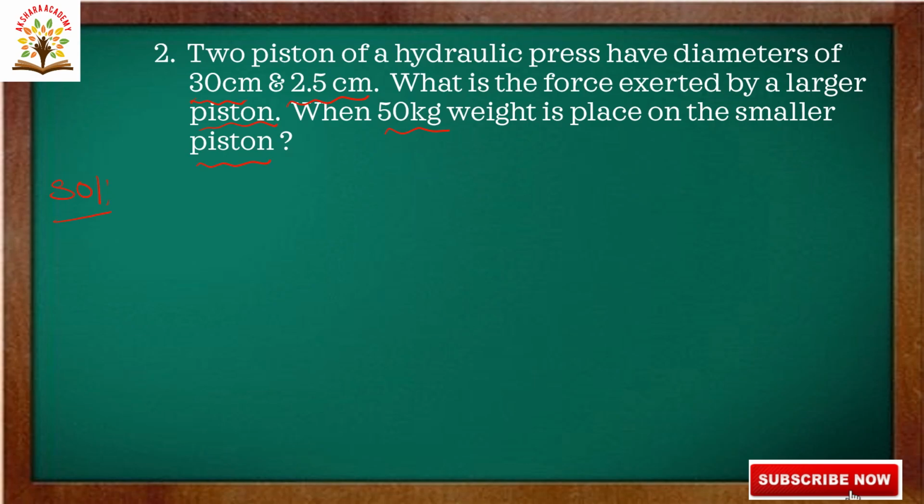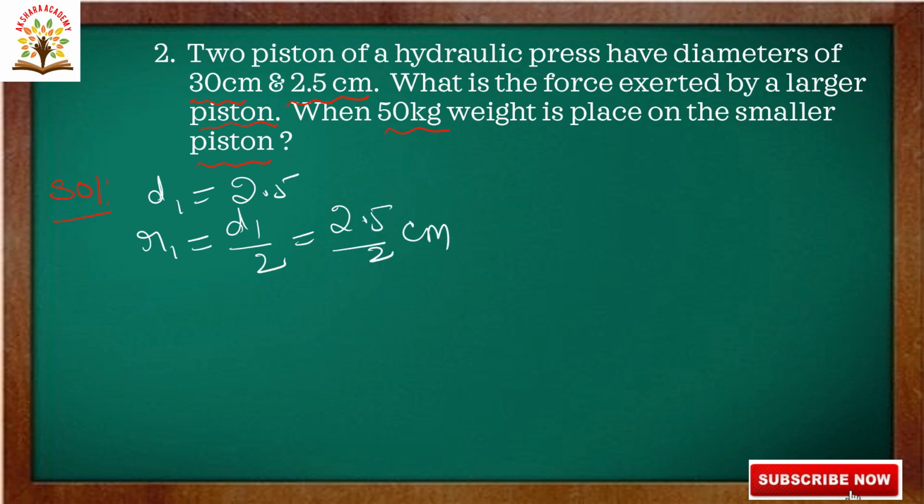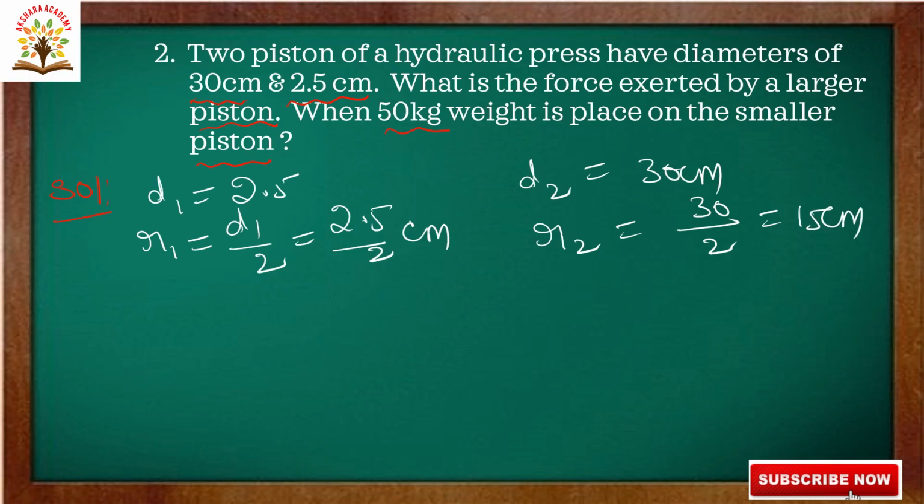Here the smaller one, now we are writing D1 is equals to 2.5 and R1 is equals to half of the diameter, that is D1 by 2, that is equals to 2.5 by 2 centimeters and D2 is equals to 30 centimeters and R2 is equals to 30 by 2, we are getting 15 centimeters and area A1 is equals to pi R1 square.